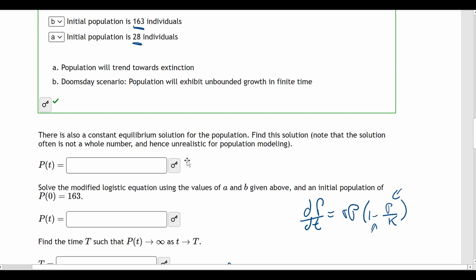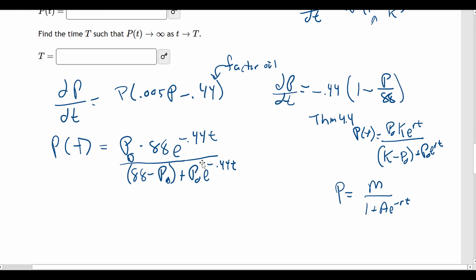If we talk about the equilibrium of this, what I want to get at is that's where our dP/dt equals 0. So the change is going to be 0. That's equilibrium. So our dP/dt equals 0 whenever negative 0.44 times 1 minus P over 88 equals 0.